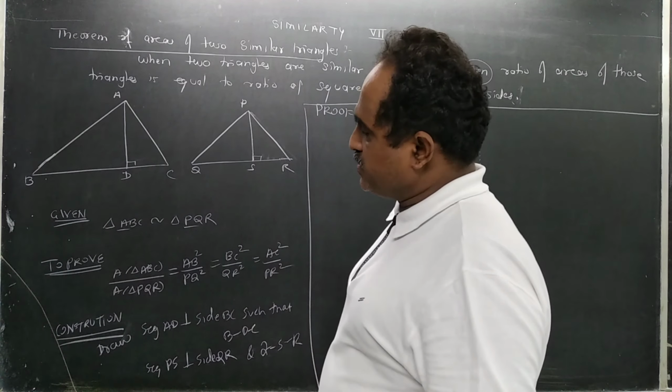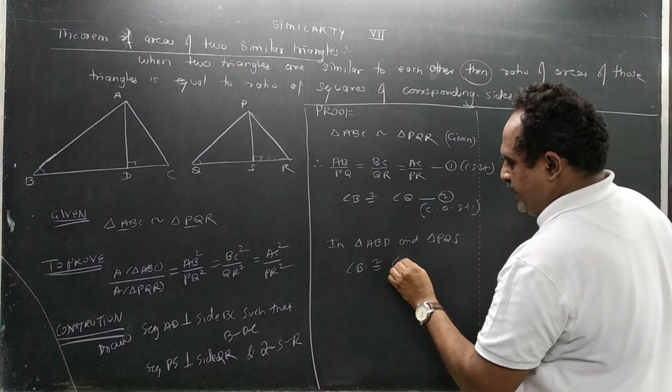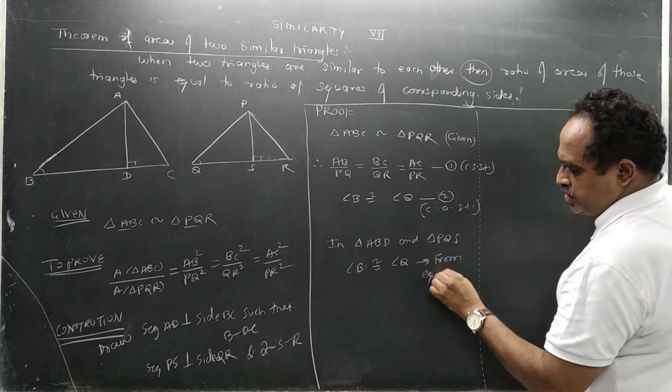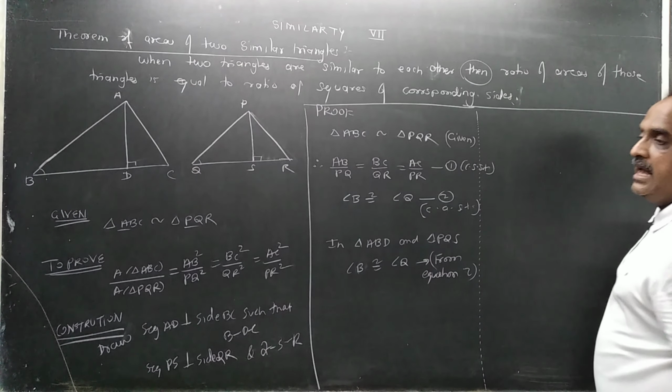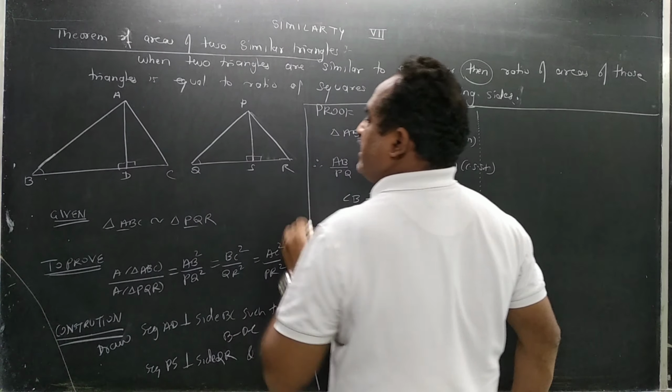Which triangle am I going to take now? In triangle ABD and triangle PQS, angle B is congruent to angle Q, we can write from equation 2, and now we know that this measure is 90 degrees.